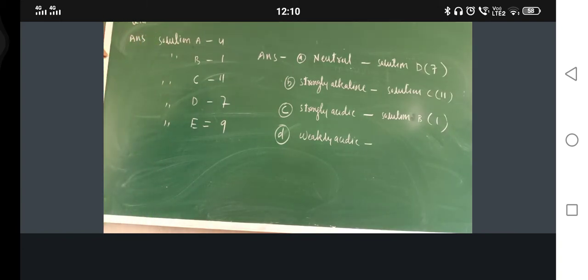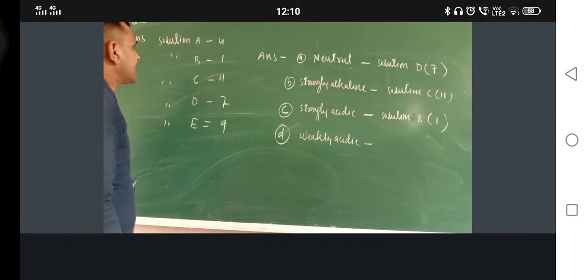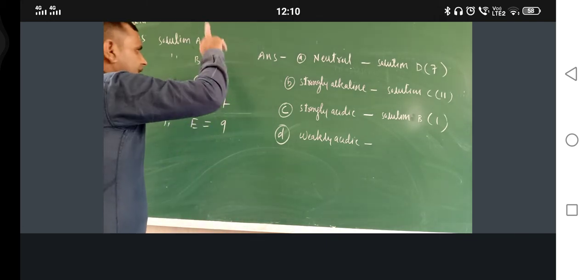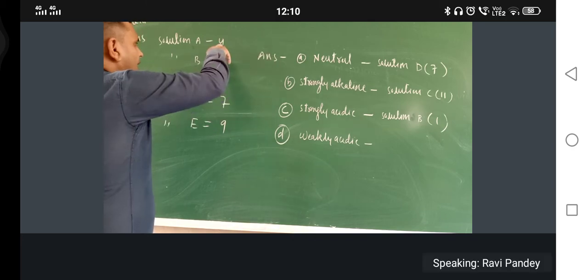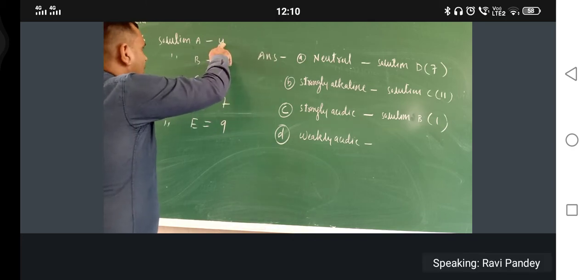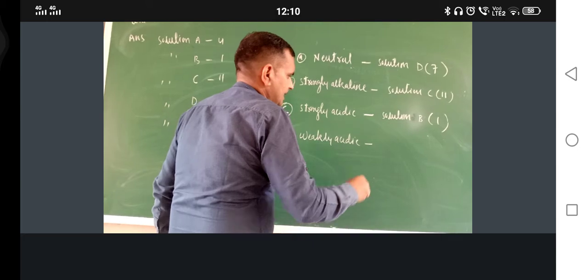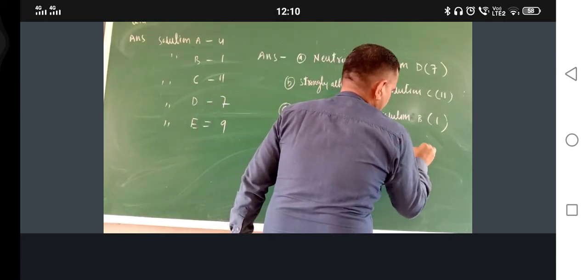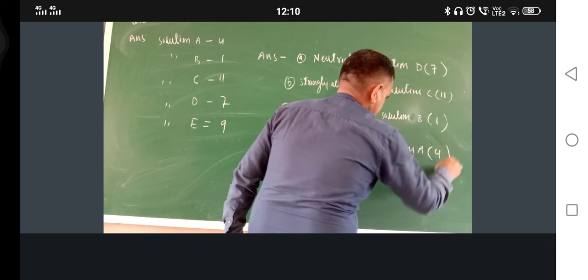So just see which will be weakly acidic. Okay, weakly acidic. So just see 0 to 3 strongly acidic. Now pH 4, solution A, weakly acidic. Solution A, its pH is 4.